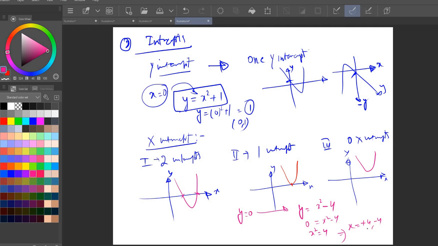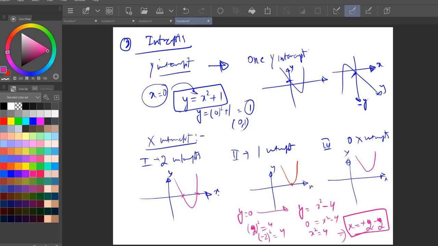Why did I say plus 4 and minus 4? Because the square of plus, so now, sorry, this is 2, my bad. Plus 2 and minus 2, right? So the square of plus 2 will also be 4, and the square of minus 2 will also be 4. That is why I am taking two values.